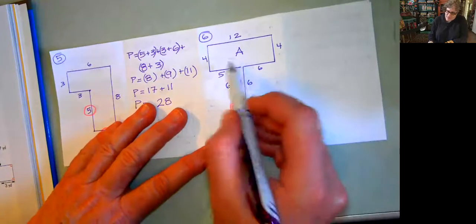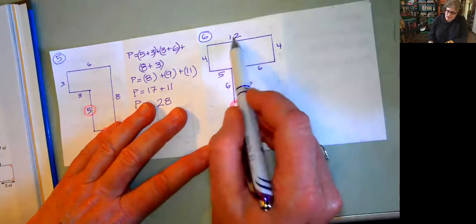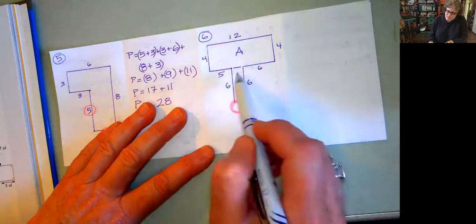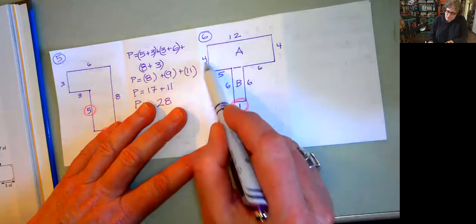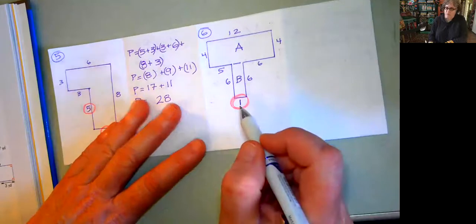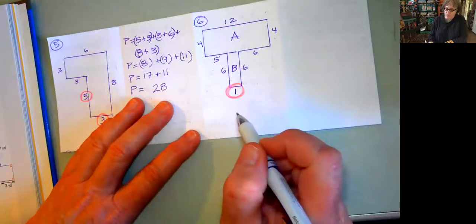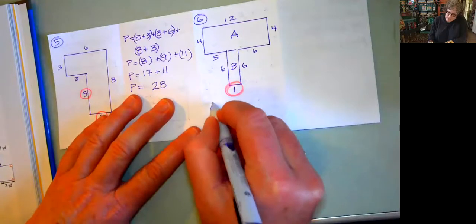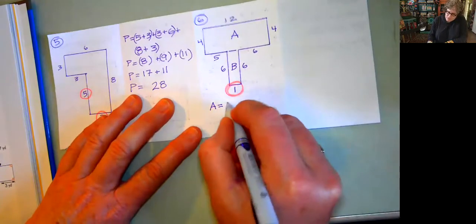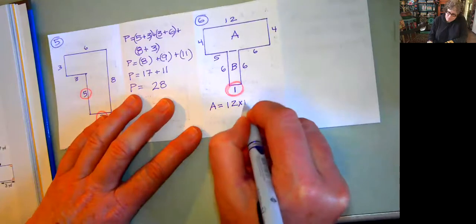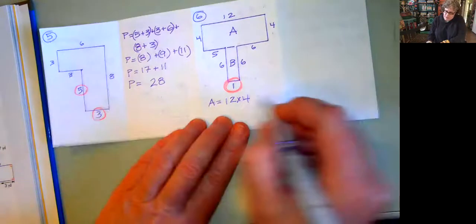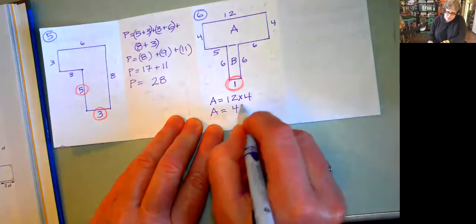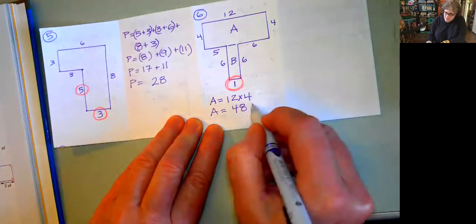So we're going to find the measurement of A, the area, which I'm guessing would be 12 times 4. And 12 times 4 is 48. So A equals 12 times 4, length times width. The area of A is 48 feet squared.